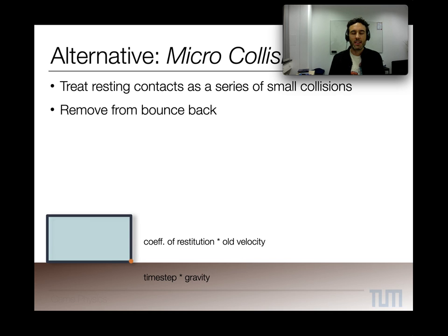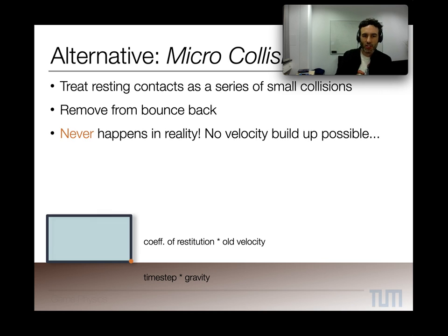So we know that this is what would be caused by this acceleration, and knowing what it is, for collisions that we identify or flag as resting, we can directly remove that from the impulse. So from the bounce back in our impulse formulation, we can directly subtract this part of the response.